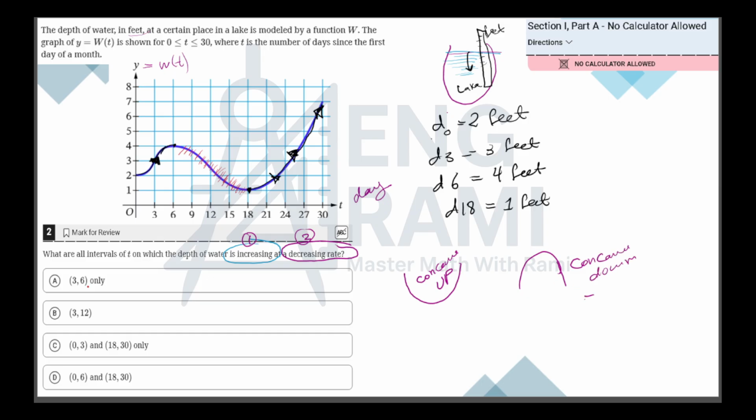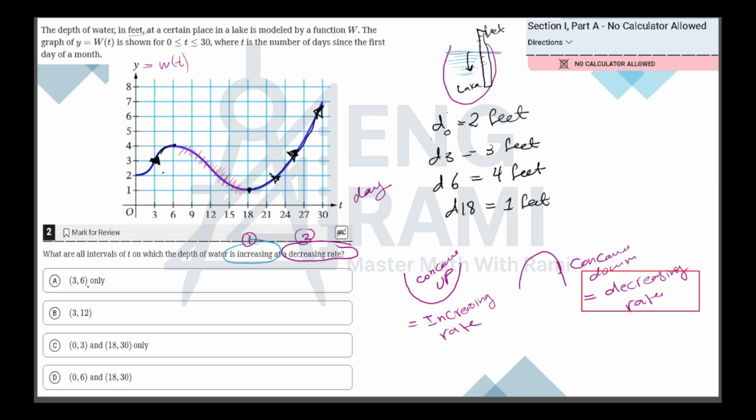Concave down means decreasing rate, and concave up means increasing rate. What we are looking for is decreasing rate.